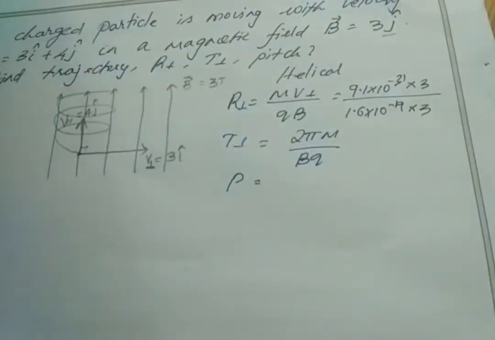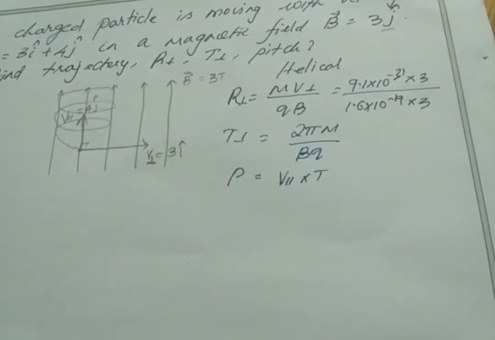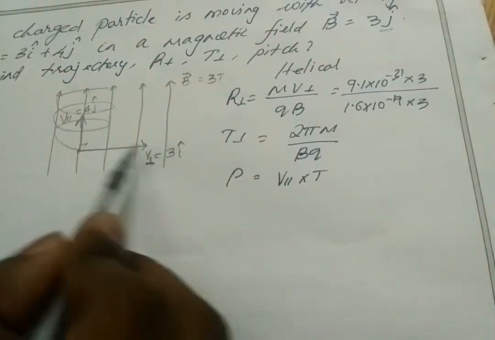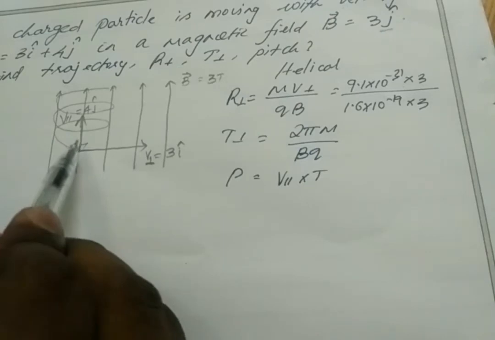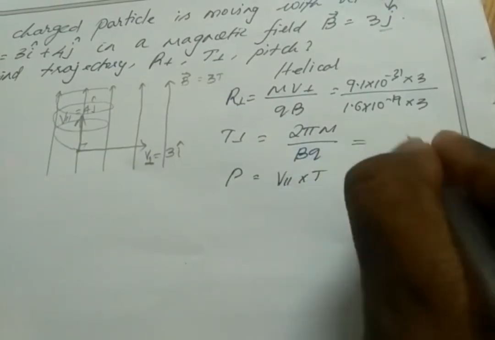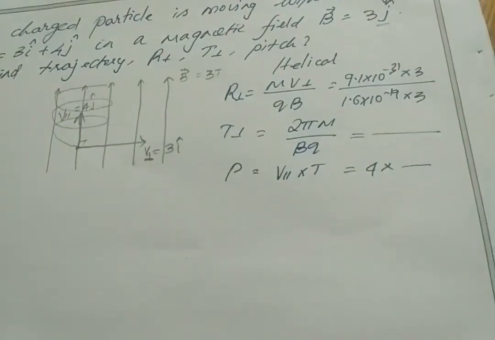Here, pitch means the parallel component with time period. What is our parallel component here? This is my parallel component, not this one; this is the perpendicular component. So the parallel component is 4. So I have 4 times the time value we found. Multiply that value here. Post the answer in the group.